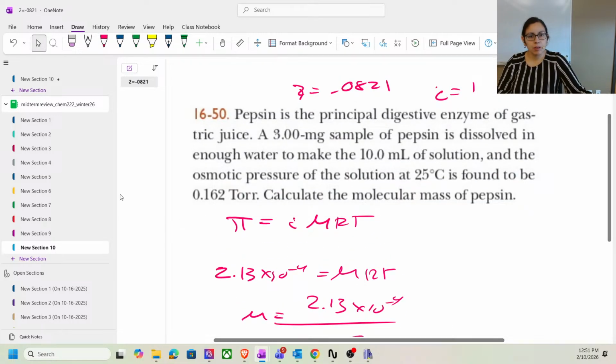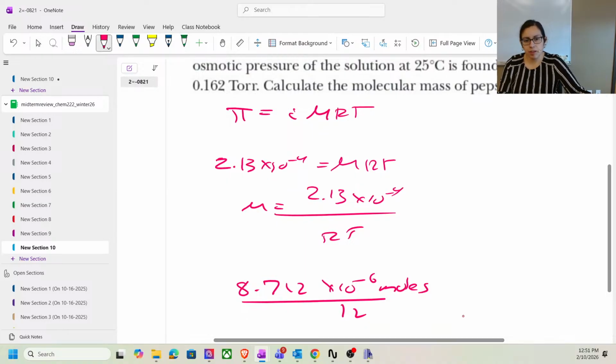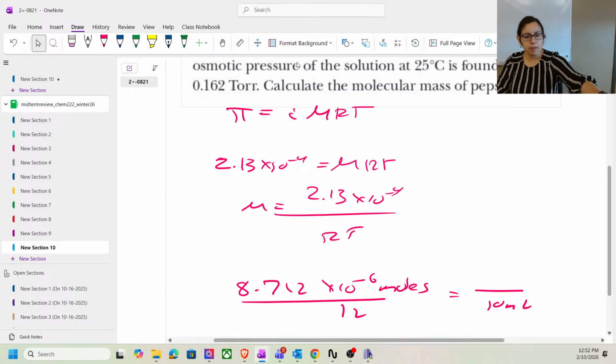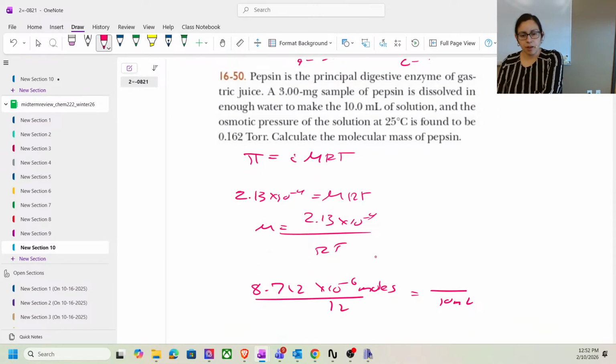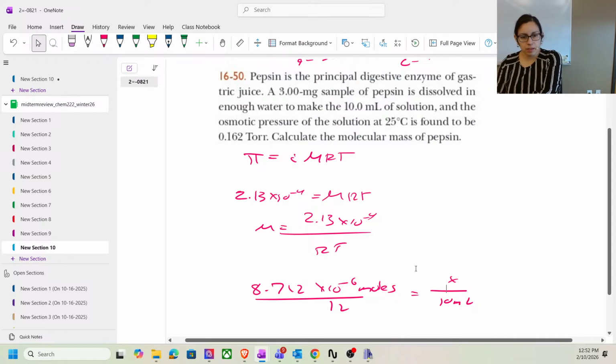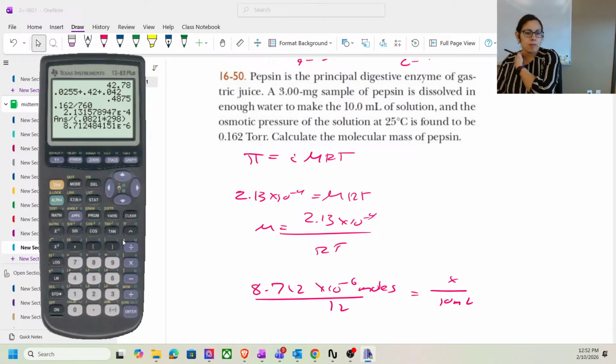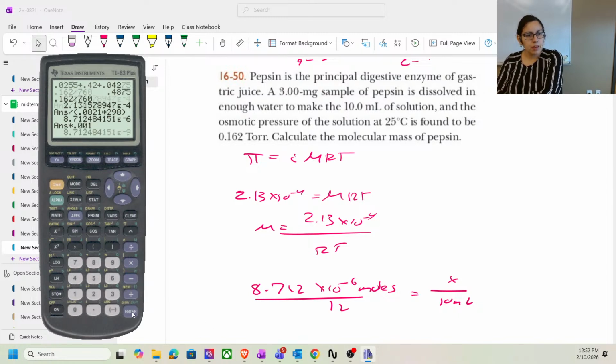And then, what do we say? We put 3 milligrams in. And now I like to set up a proportion to keep myself sane. So basically, let's figure out how many moles that was. Our molarity multiplied by our new liters, so 0.001. Oh, sorry, not 0.001, 0.01.